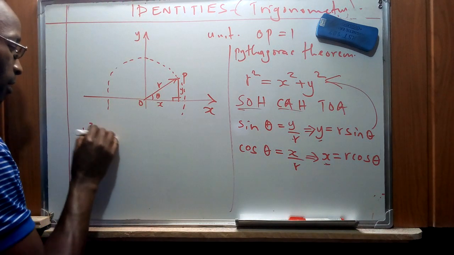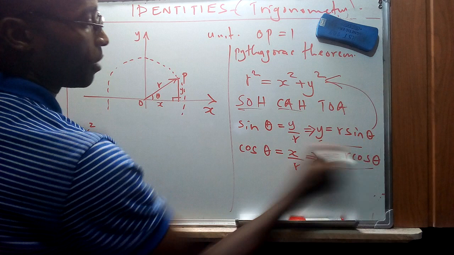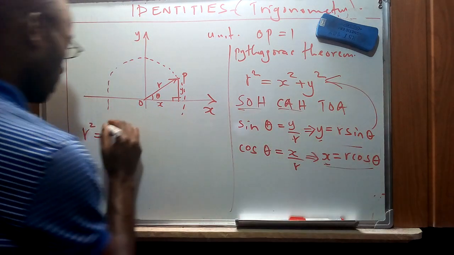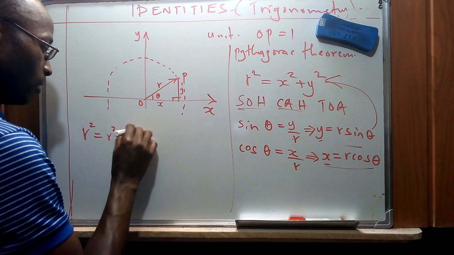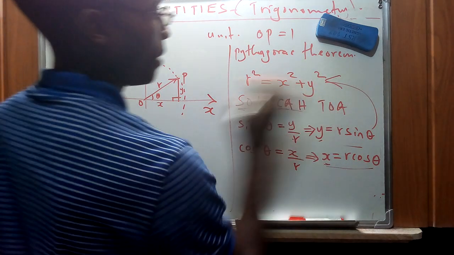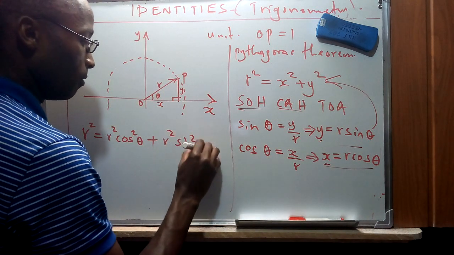So r squared is equal to, substituting x and y respectively with these values, x squared, so r squared cosine squared theta, plus y squared, so r squared sine squared theta.